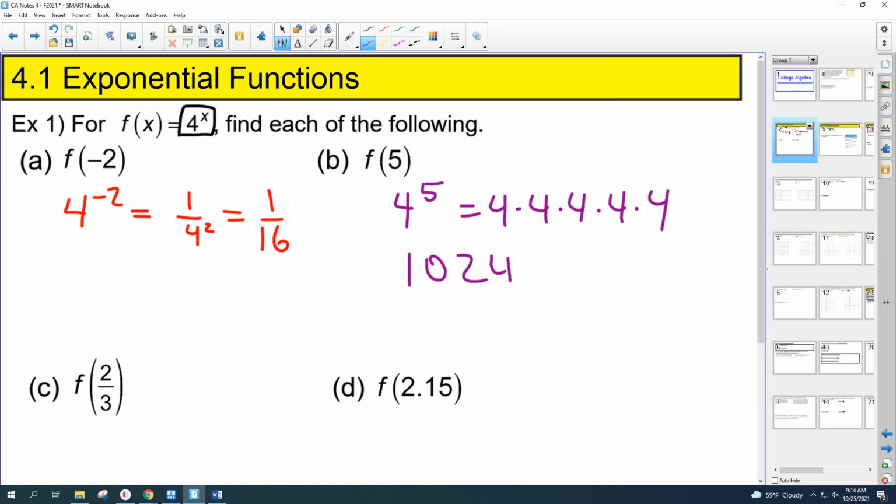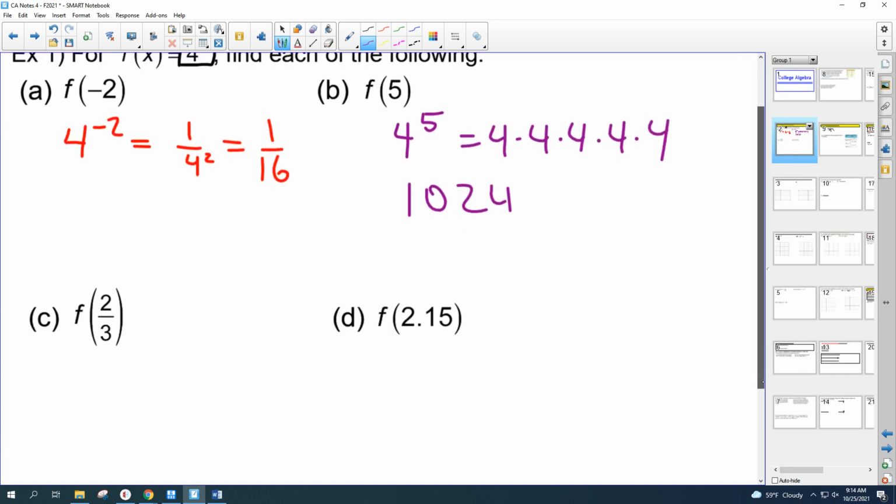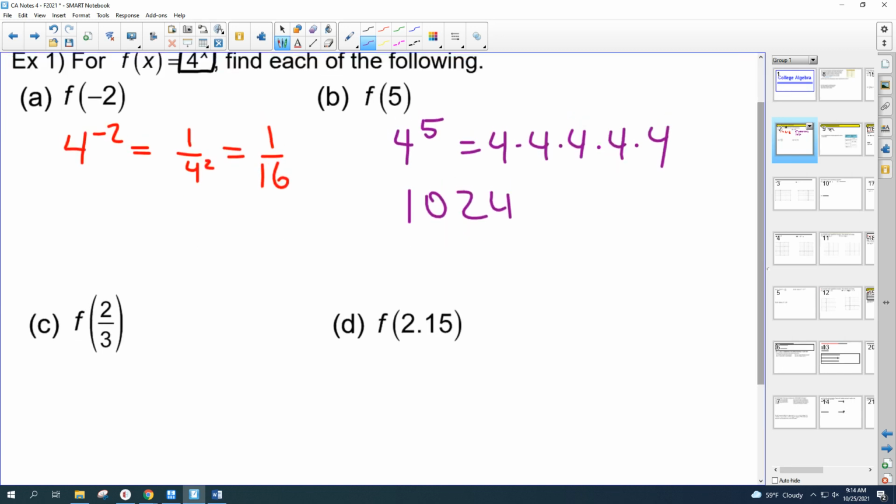The next one's quite a bit harder, I guess. You're plugging in 2/3, and so we're looking at 4 to the 2/3 power, and we've got a fractional exponent, and a fractional exponent does a couple of things.